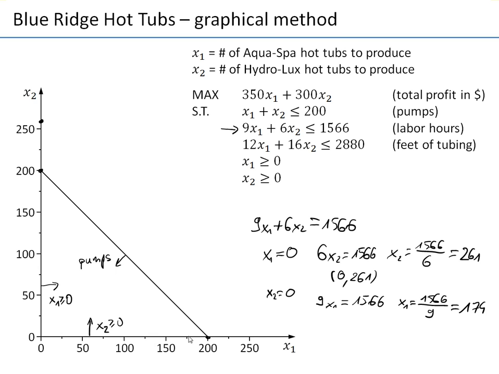So it's a point, this is exactly 174, it's just to the left of this. So again, I need a straight line that goes through those 2 points.